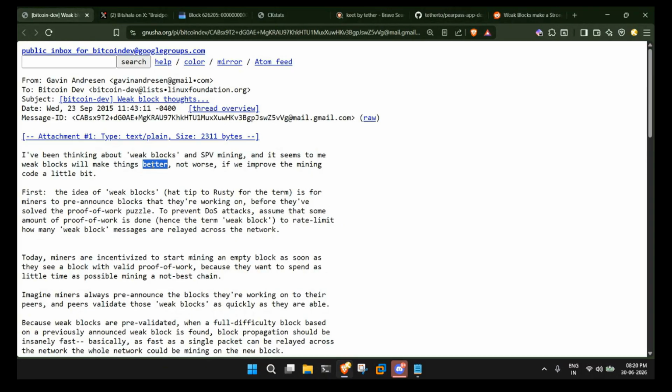stale blocks. Let us suppose I'm a solo miner living in India and there is another miner living in the US. He might have a better pool, a better latency pool.